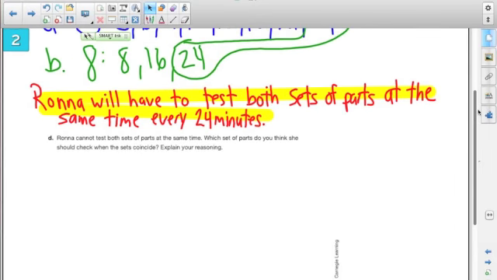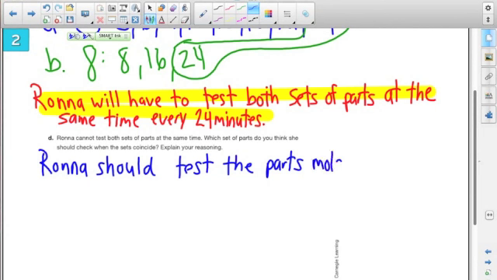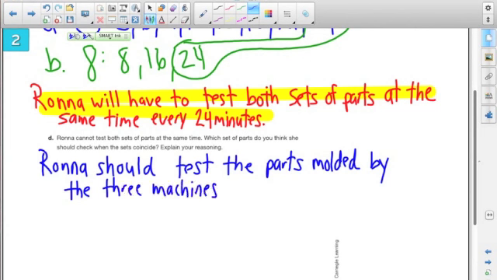Part D asks for you to think a little bit. Well, I can't check both parts because they're in two separate parts of the shop. Okay, so which parts should she check every 24 minutes? A sample answer is she should test the parts that she normally only tests every 8 minutes, because she tests those less frequently than the ones that are tested every 3 minutes.